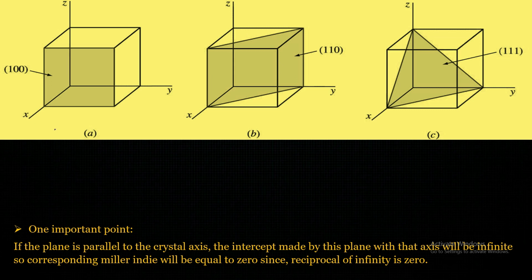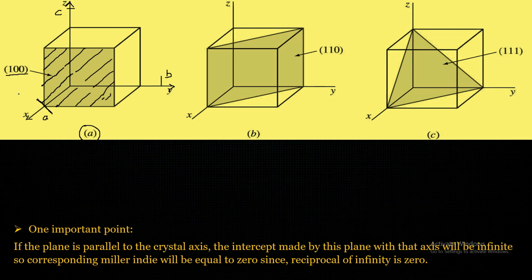In figure A, we are going to discuss a plane which is shadowed. This shadowed plane is the one we will consider and discuss here. I will again shade it with lines. Actually, this is our plane.